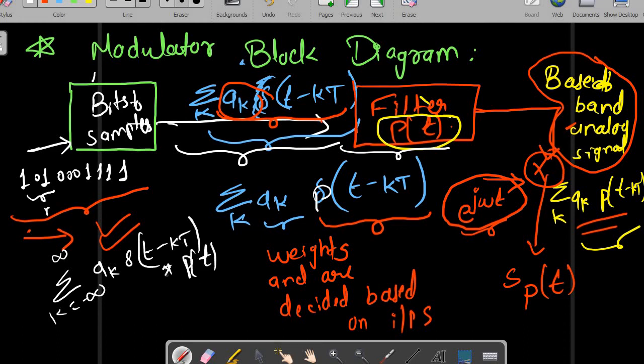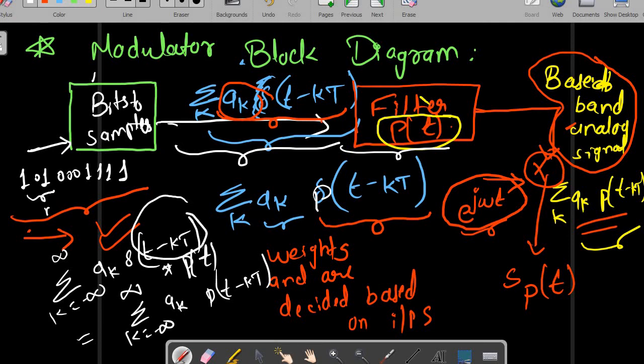As per the property of convolution, we have summation k from minus infinity to plus infinity of a_k p(t minus kT). Whatever term is here, it will be replaced with p. This is the property of convolution, so we applied it and got this.